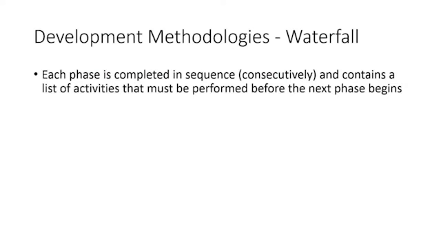Now, some of those methodologies we need to refresh our memories on. We have the waterfall methodology. So that means each phase is going to be completed in sequence, one after the other, or consecutively, and contains a list of activities that must be performed before the next one starts. So it's not like we can start at the beginning and then we know where we need to end up, so we finish that, and then we try to figure out how to piece it together.